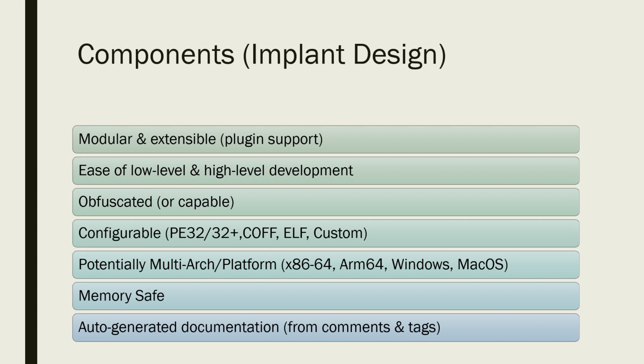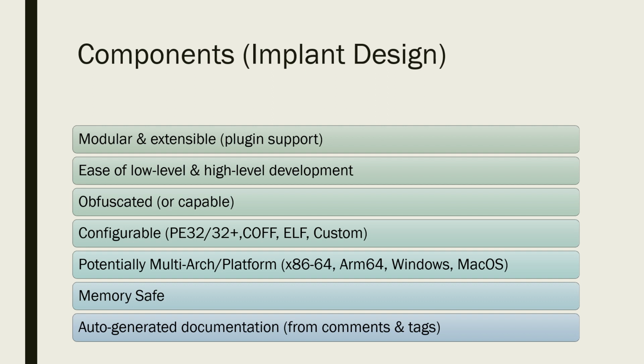We want our code to be obfuscated or to be capable of obfuscation, to be configurable, and to support different formats: PE32, PE32+, COFF, ELF, even custom formats if you like. Potentially multi-arch and multi-platform. Most of our code is x86-64 and on Windows, but some of it won't need to be tied to an architecture or a platform, or both, such that we'll have code that can run on ARM, on Mac, or on any x86 or any ARM64 platform.